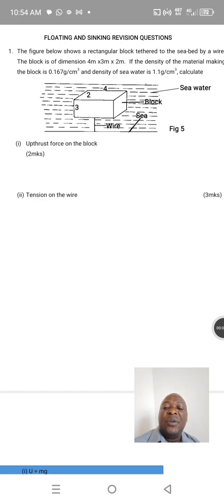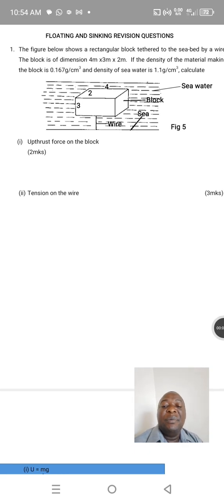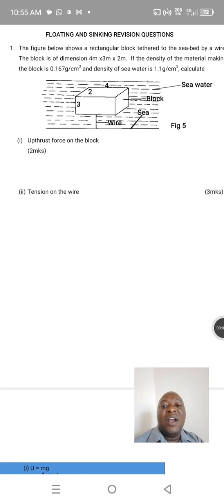Now the question is, do we have the weight of the block? We can find the weight of the block because we have been given the density of the material of the block and we have the volume of the block. The volume of the block is 24 cubic meters and the density of the block is 167 kilograms per cubic meter.